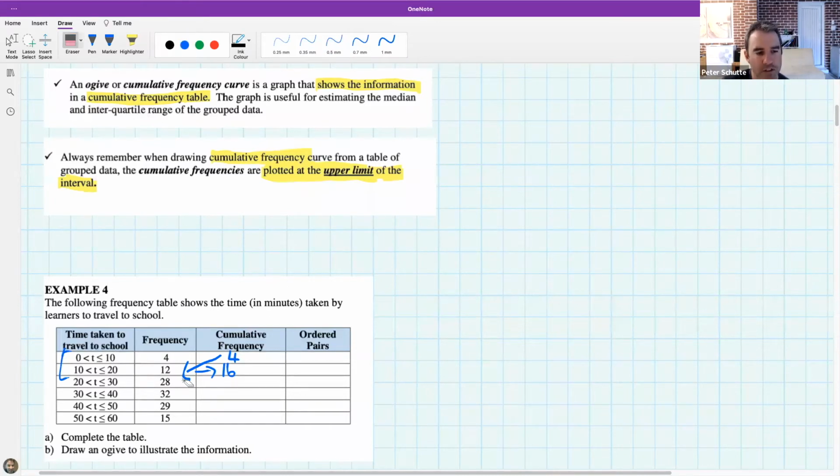Now, what do you think, David, is going to be the next total over here? If I've got to 16 so far, and then I add 28 more students over here, what do you think the next column is going to be here?